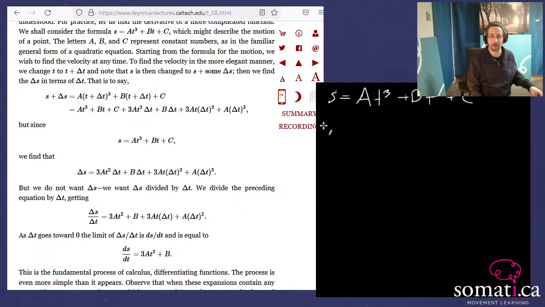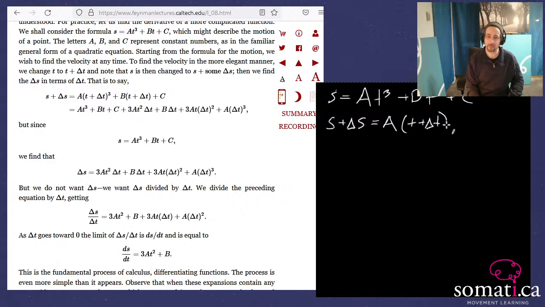We're interested in considering an increment. After that increment, the position is changed, and the increment is t plus delta t, which is now cubed, plus b times t plus delta t plus c.